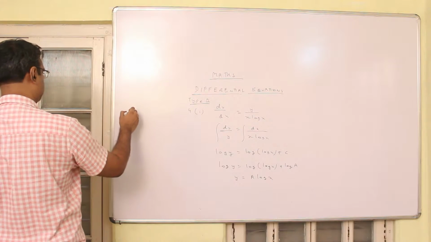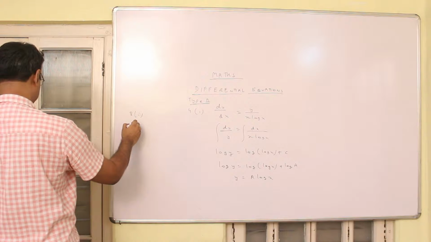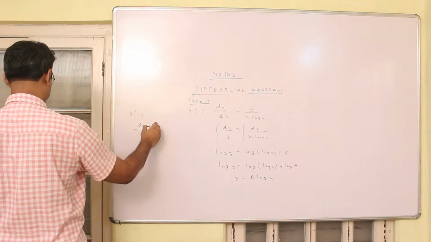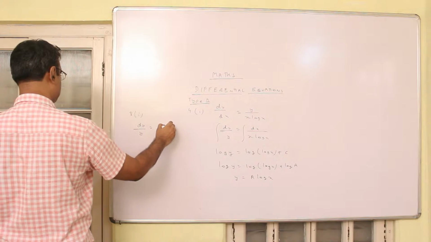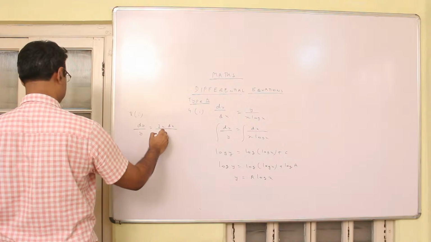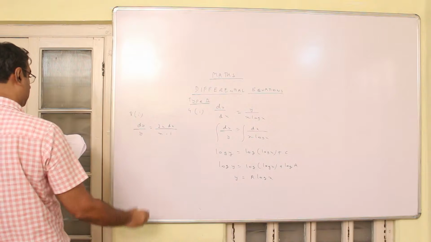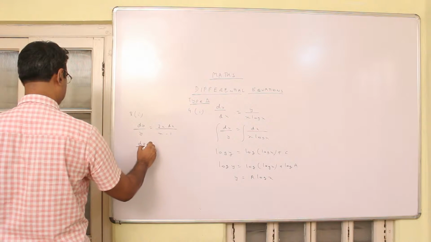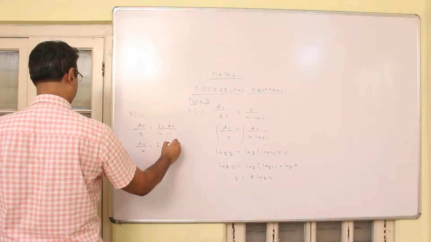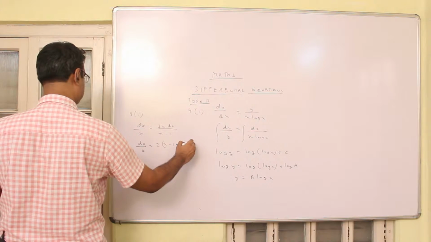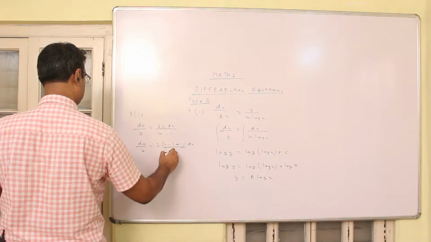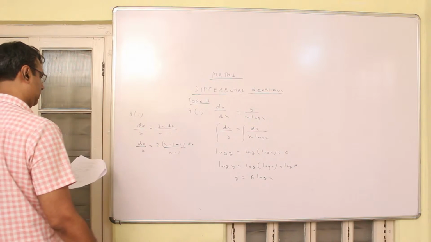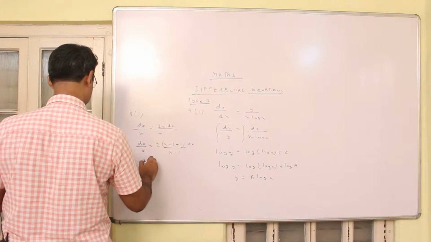Have a look at question number 8 part 1. It says dy by y is equal to 2x dx by x minus 1. So this is something which can be written as dy by y is 2 into x minus 1 plus 1 dx by x minus 1.